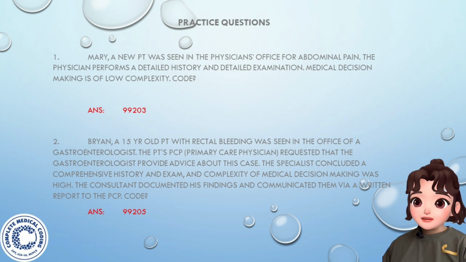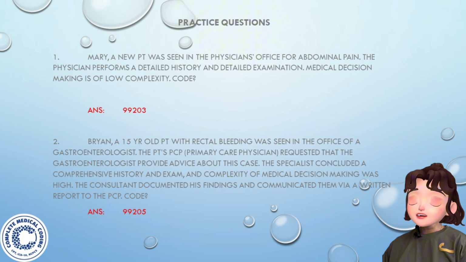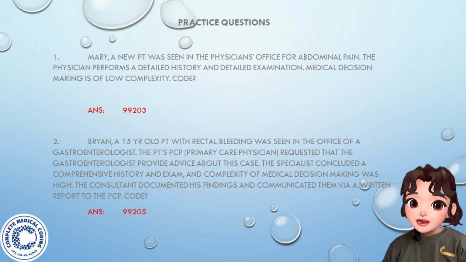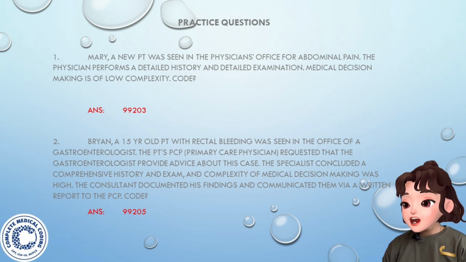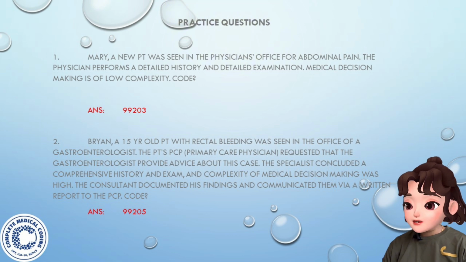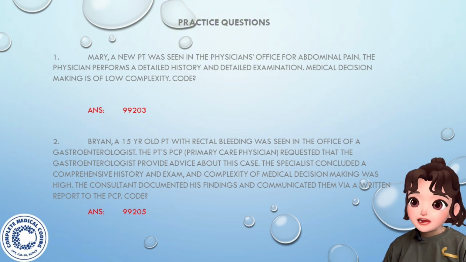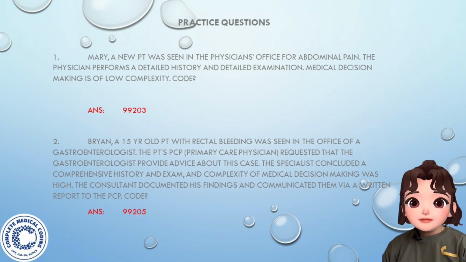It's in the beginning of the CPT code book, and you need to go to the office visit codes. If you take the office visit code, what is mentioned here? Detailed history, detailed examination, and low complexity medical decision making. So it is directly there in code 99203. Detailed history, detailed examination, and medical decision making of low complexity. So the answer will be 99203.